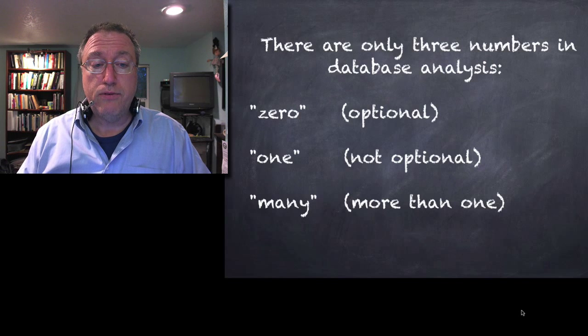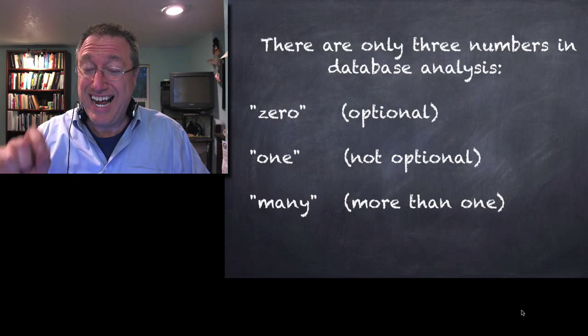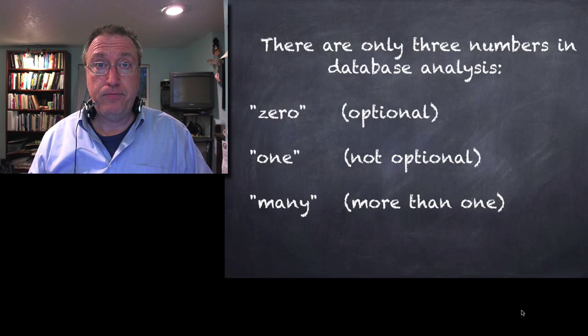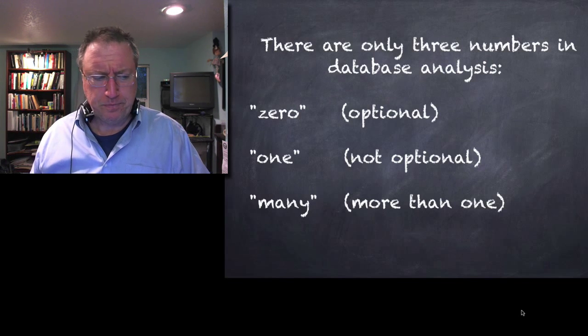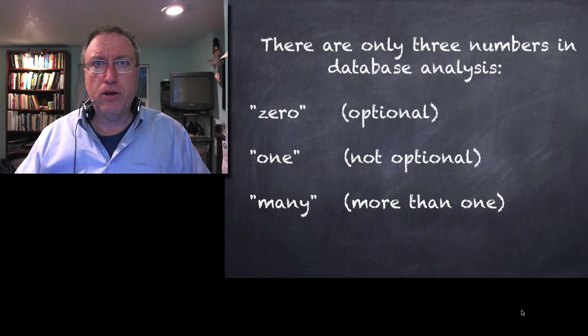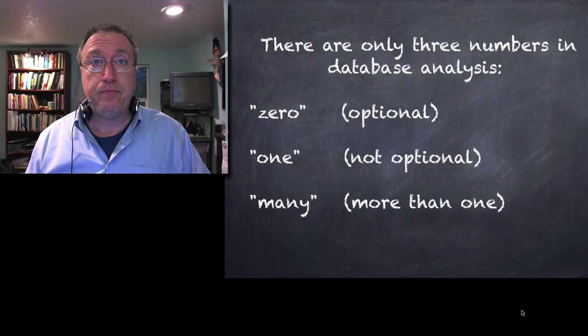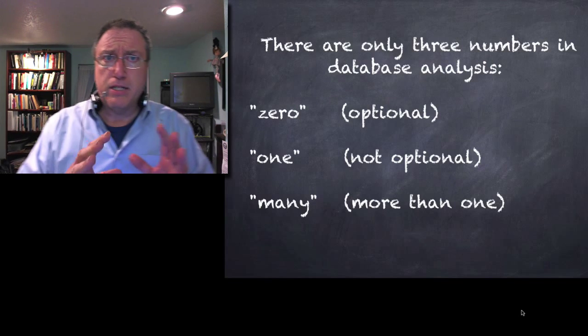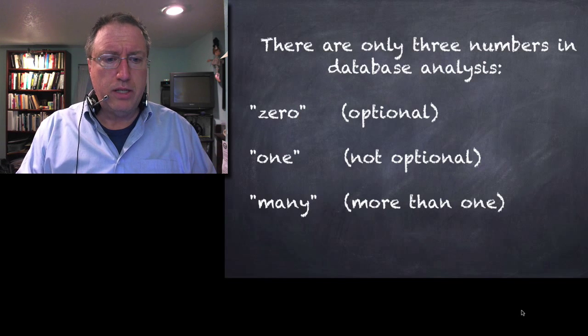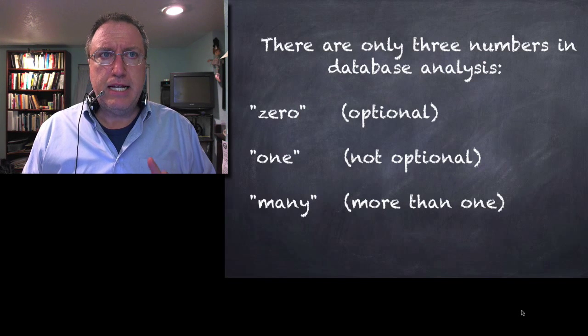As we saw earlier, if you say 1 and only 1, you're saying, I need one of these things, and I must have one of these things. And finally, once you're past 1, whether it's 2 or 3 or a million, it doesn't matter. Why? Because when I'm constructing my database, it's important for me to know, do I have to just store one of these entity relationships, or do I have to store many of these entity relationships?